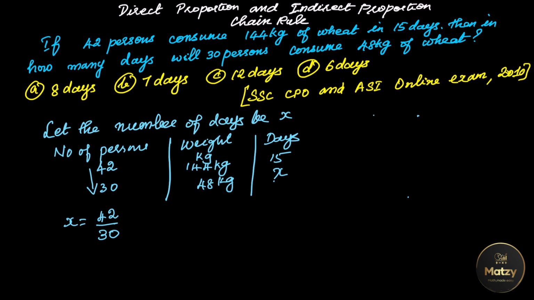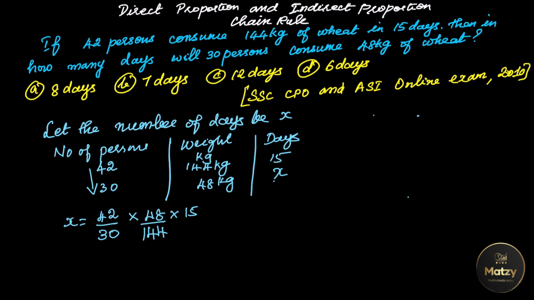If less kilogram of wheat is there, then they will keep it for less number of days only. So they are in direct proportion. Weight and days are in direct proportion. So you have to write the reciprocal of this fraction. Then 15 is there. As it is, you have to write.